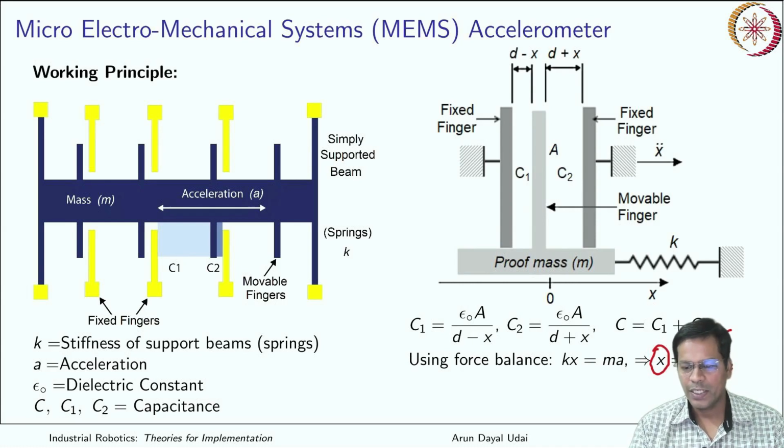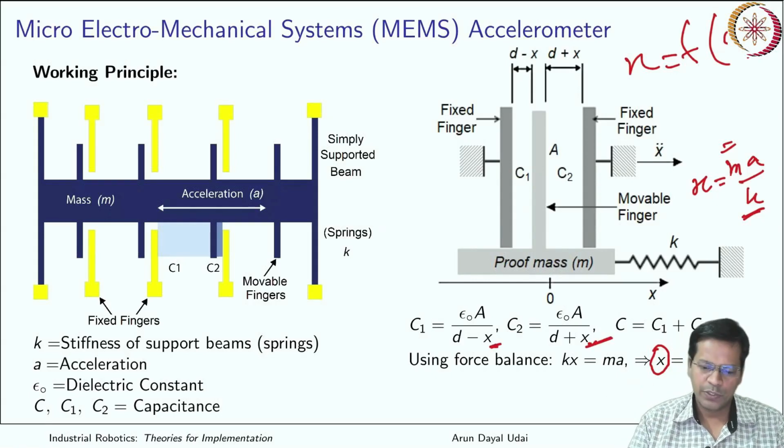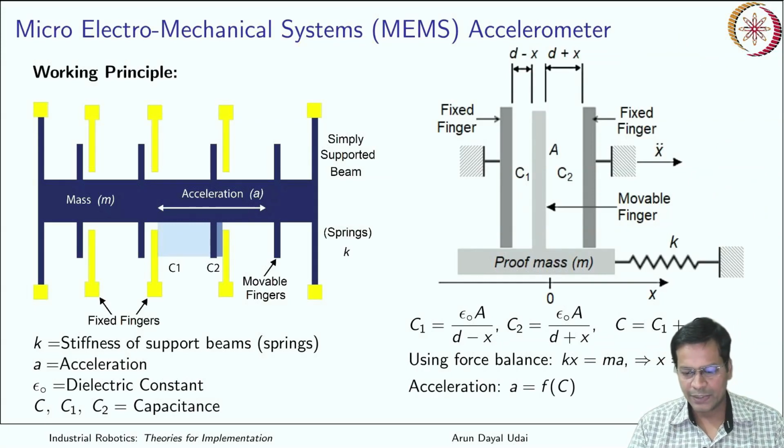So x is now a function of m a by k. k is constant, m is constant, so x is a function of acceleration. Now if you substitute that x in both the equations for C1 and C2, what do you get? You get acceleration as a function of capacitance.